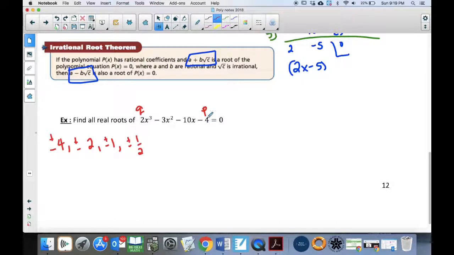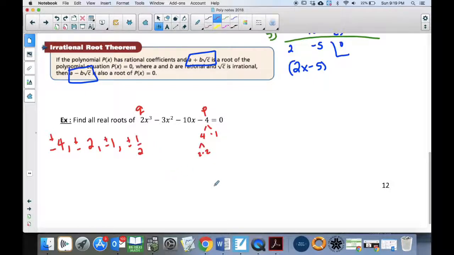Then going down, the next factors, because the factors of 4 could be 4 and 1 or 2 and 2. So if I go down from there, then my next factors are positive and negative 2 over 1, positive negative 2 over 2. Well, that's just 1. And then positive negative 1 over 1, and also positive negative 1 over 2. And so here are my possible roots.